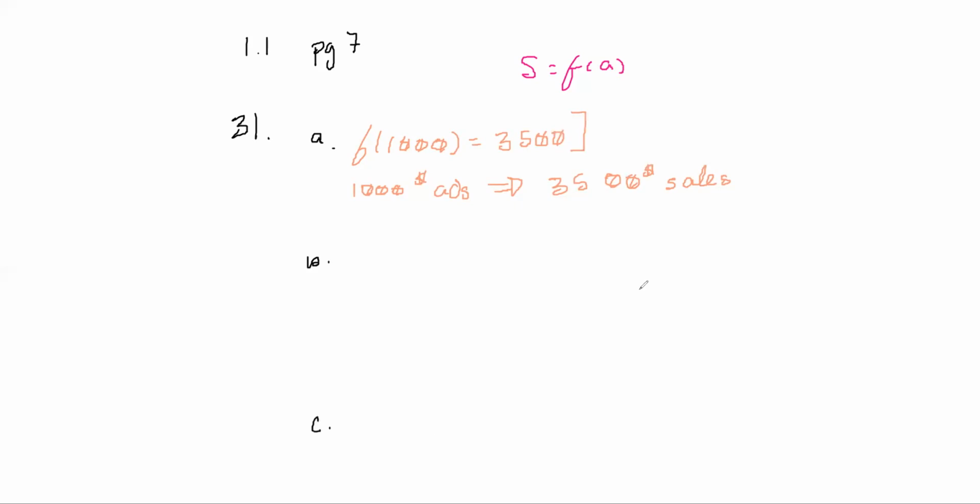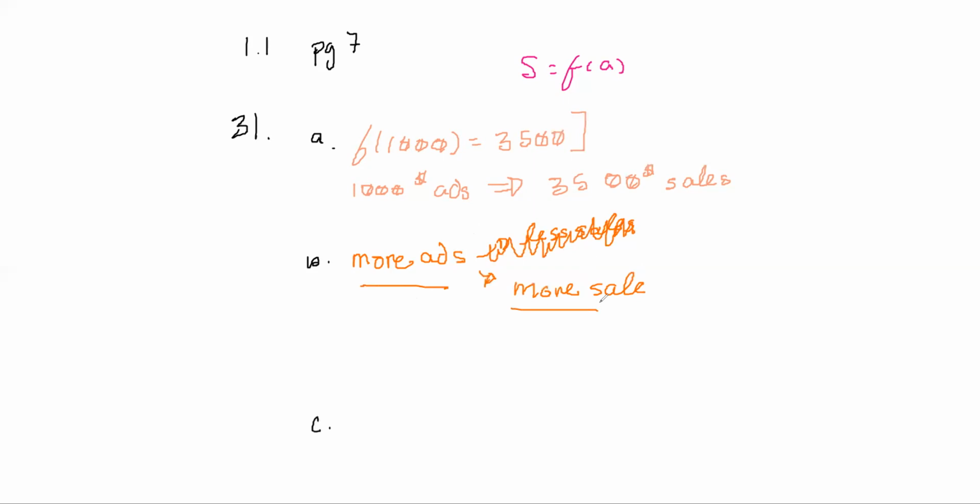All right, so then part B, which of the graphs below is more likely to represent this function? Well, when I started this problem, I asked myself, what is more logical to happen? Which of these is more likely? More advertising is probably not going to cause less sales. It's going to cause more sales.